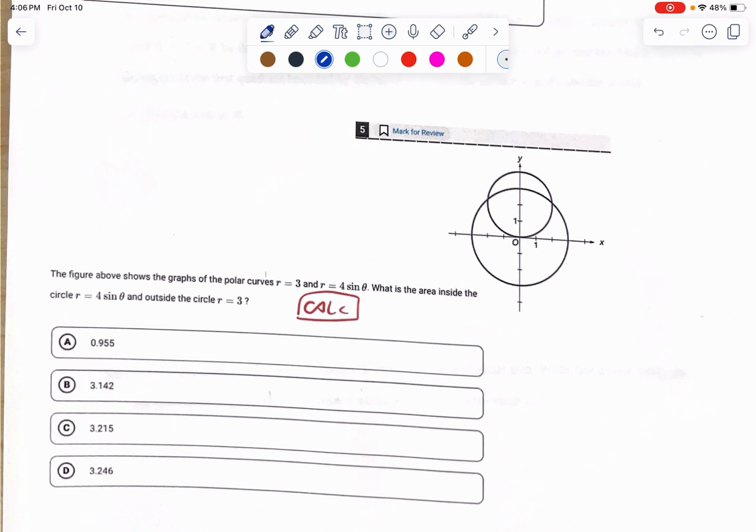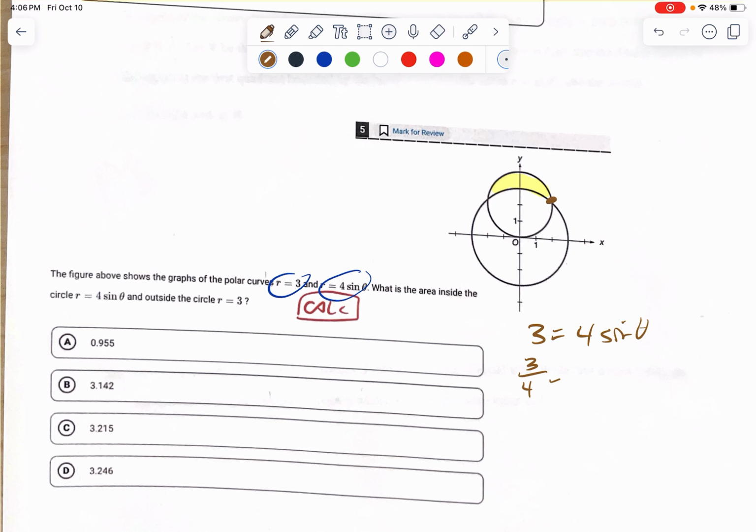Okay, for this one, we have two circles, we have their polar equations, and we want the area inside 4 sine theta and outside R equals 3. So we want this area here. We need to figure out where they intersect. That intersection would happen when 3 equals 4 sine theta.